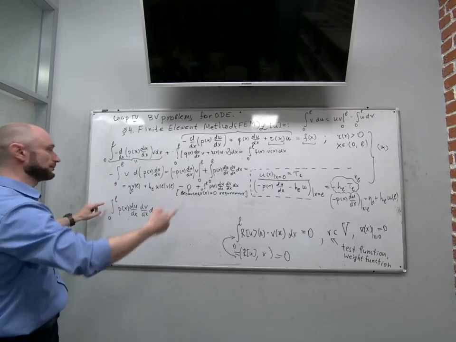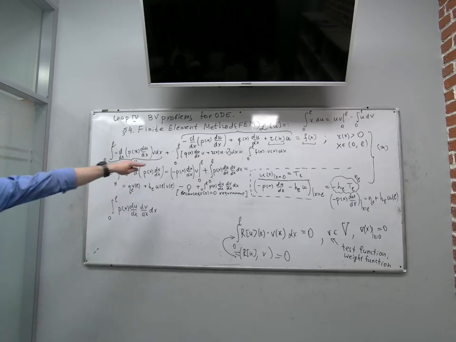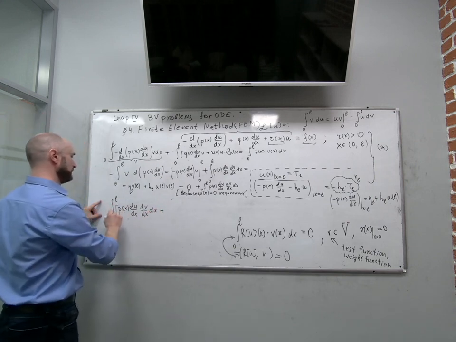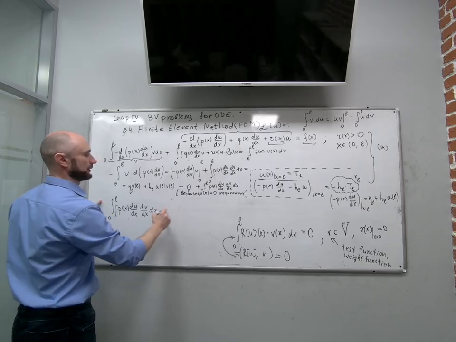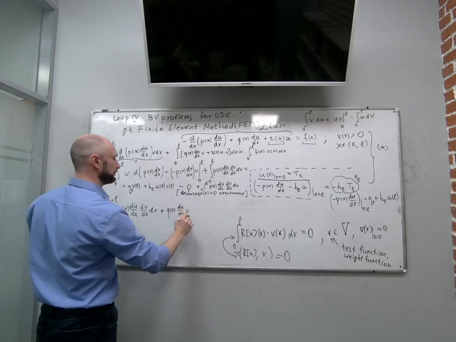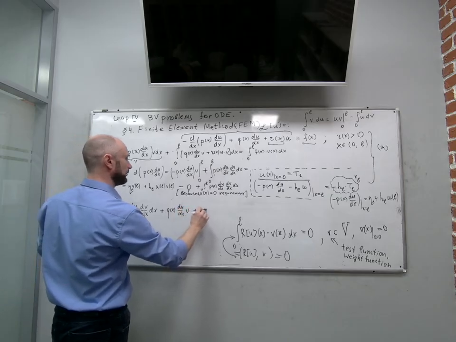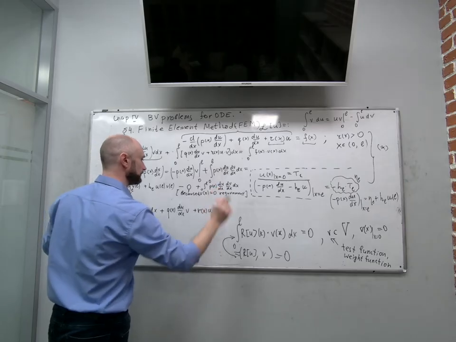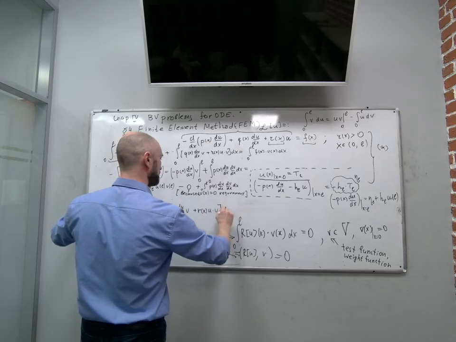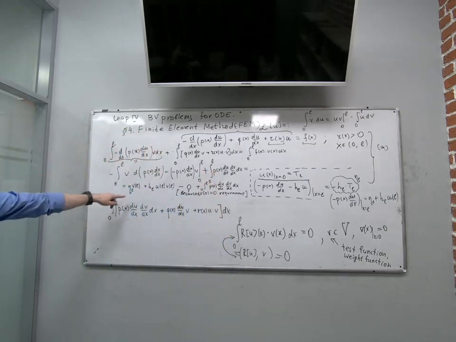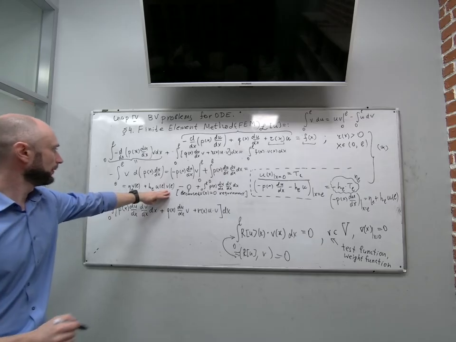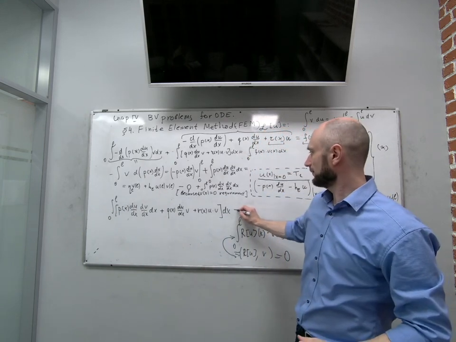We choose it by ourselves. Then comes all the rest, plus, I will move it in one bracket, q of x du by x v plus r of x u v. And that's it for the left hand side dx.